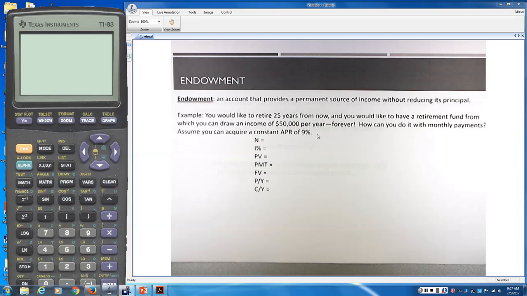But you would like to be able to draw that $50,000 when you retire forever, which means you can't touch your initial investment. You have to live off the interest of $50,000 a year. How could you do it with monthly payments? And it says, assume that you can acquire a constant APR, or annual percentage rate, of 9%.